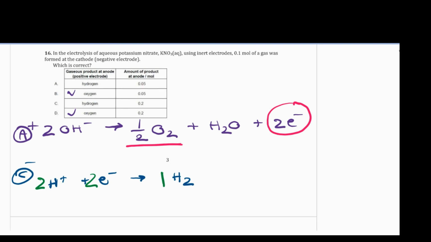At the cathode, for every 2 electrons, again, we get a whole molecule of hydrogen. So if at the cathode we formed 0.1 mole, then here we will have formed 0.05. And that leaves us with B.